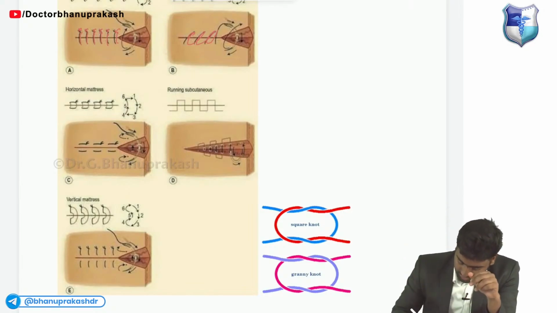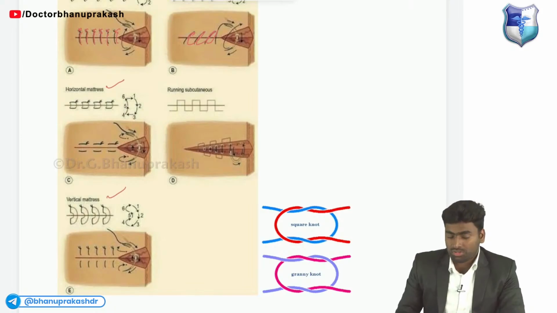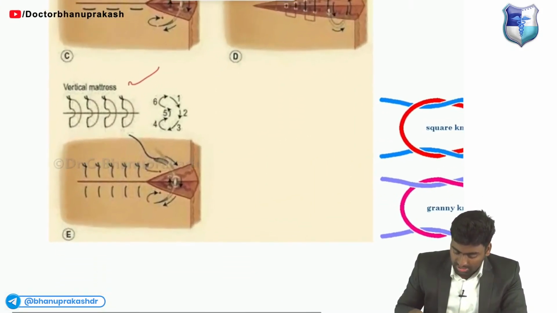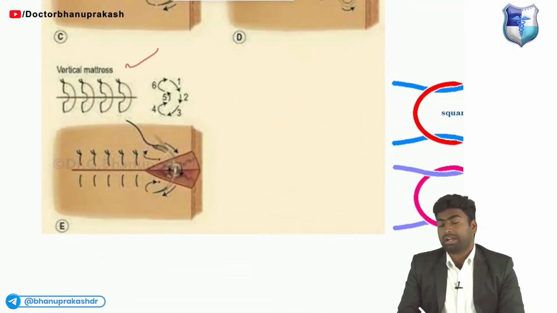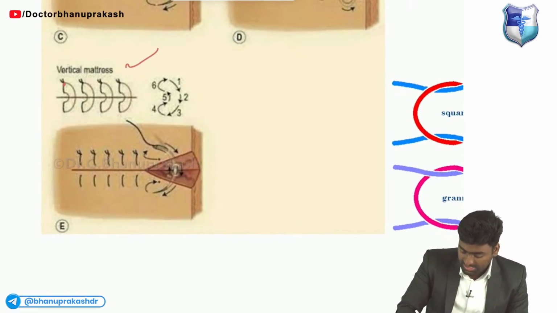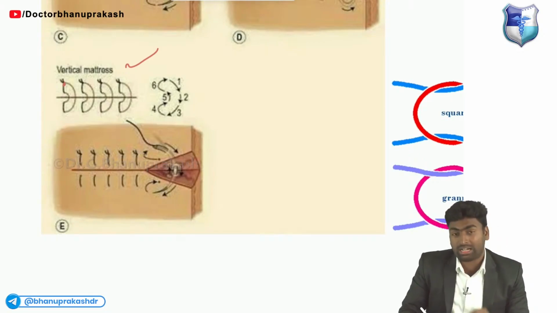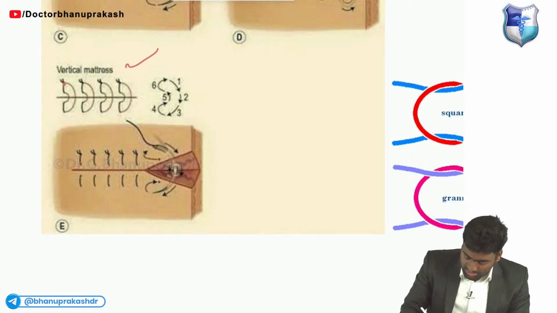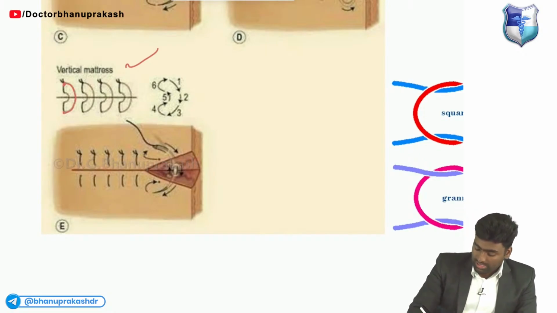Fine. Then there are 2 mattress sutures, horizontal mattress and vertical mattress. For the vertical mattress, remember one mnemonic: "dur se pass". You take a bite distant to the wound or incision site, then you cover it up. When you come outside, you take the next bite which is near to it.